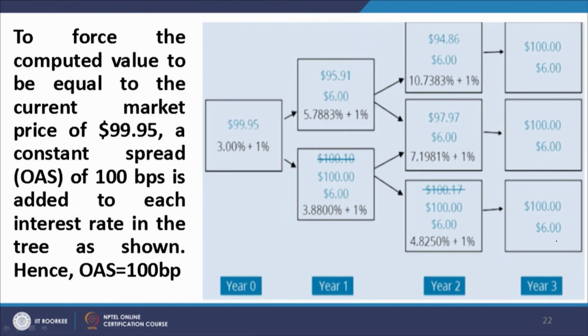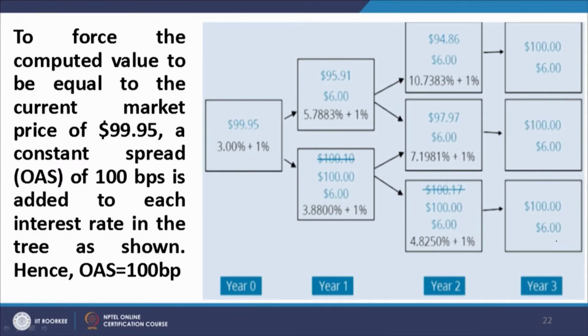When we repeat the same exercise, now what we will get is the right hand side value will be a function of theta. We equate this right hand side to the current market price. What is the current market price? The current market price is given to us as 99.95 and that will enable us usually through an iterative process to arrive at the value of the parameter theta, which is nothing but the option adjusted spread.